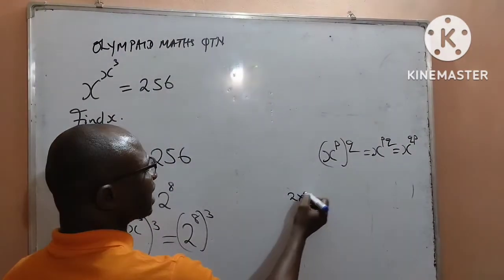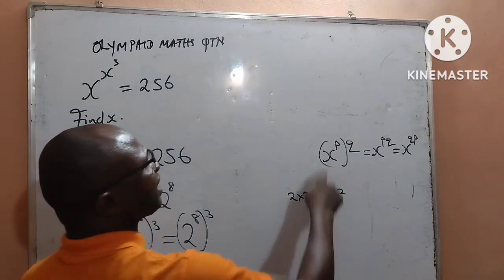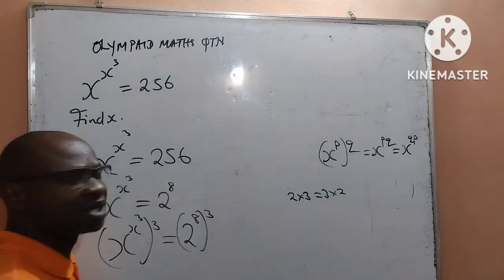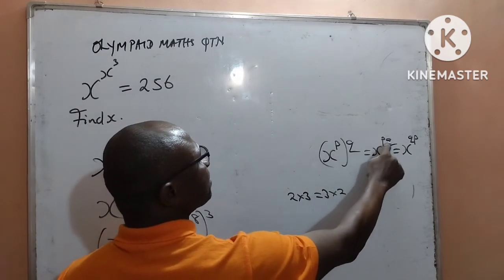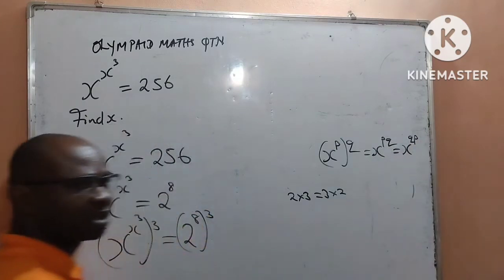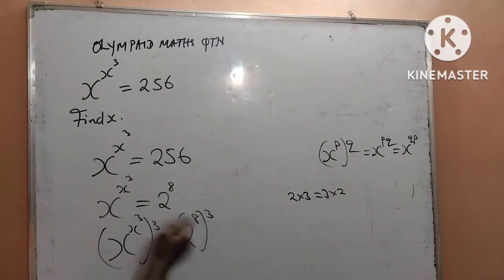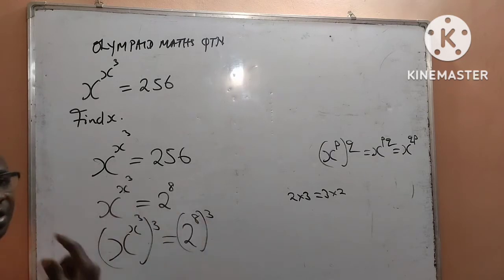That means 2 times 3 is equal to 3 times 2. So if I have p multiply q, it is the same as x raised to the power p times q, or x raised to the power q times p. By that, I can now multiply these two powers, and they also can interchange their positions.